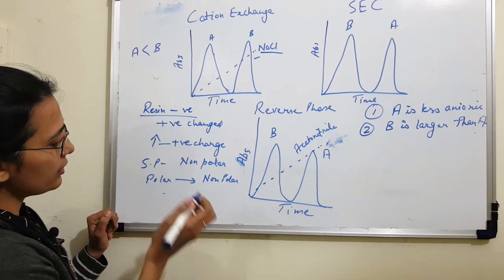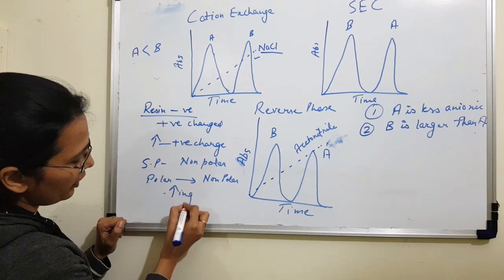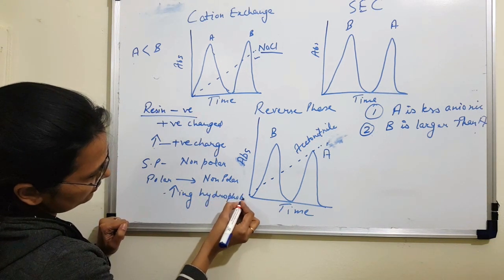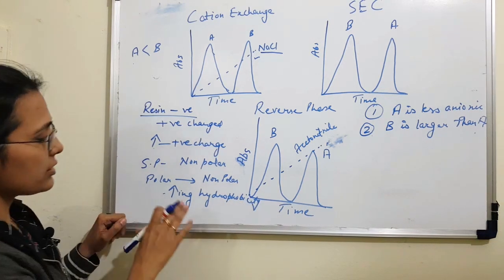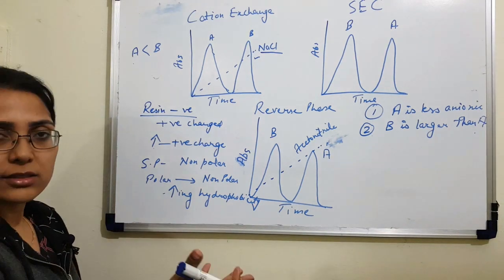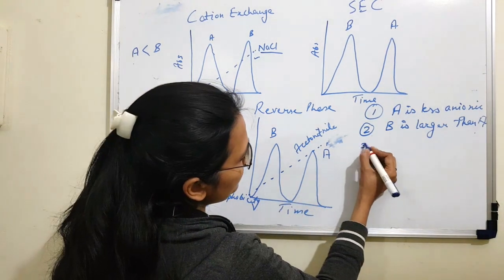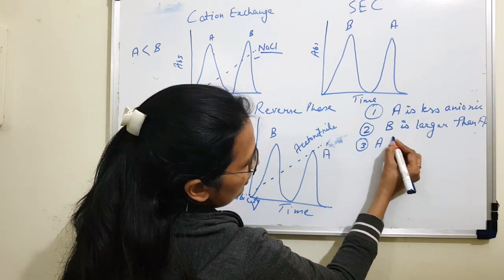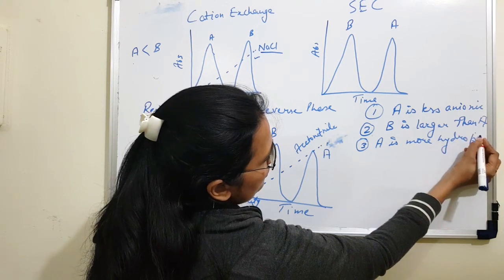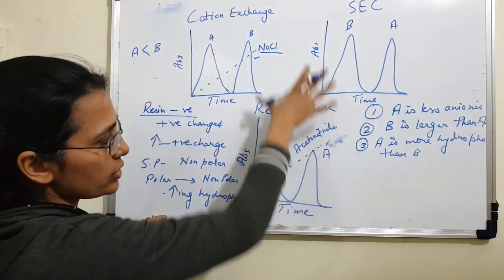Or you can say that the separation is going to be in the increasing order of hydrophobicity. So from the third graph, we can conclude that A is more hydrophobic than B.